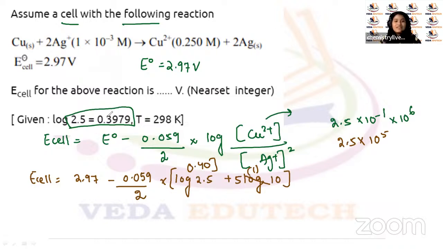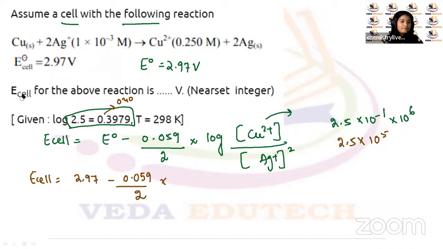I have taken this approximately as 0.40. So 5 into 1 is 5, so this is going to be 5.40. You can erase all of this and write 5.40.